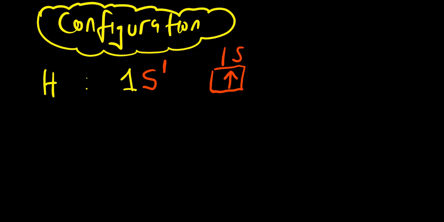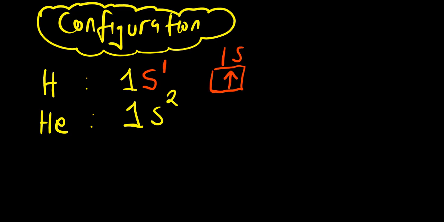Let's talk about another one. The second one is helium. Helium, being number 2, will have 1s2. This is the shell and this is the subshell. So it will have 2 electrons.